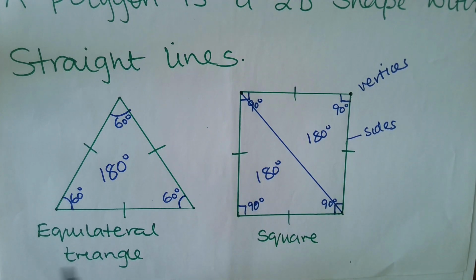A heptagon, which has got 7 sides, will be split into 5 triangles. An octagon will be split into 6 triangles, a nonagon will be split into 7 triangles, and a decagon will be split into 8 triangles.